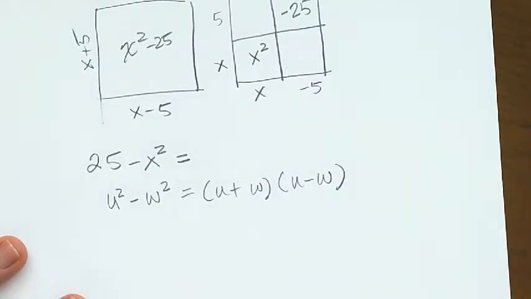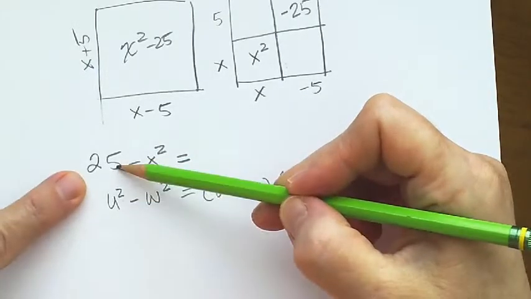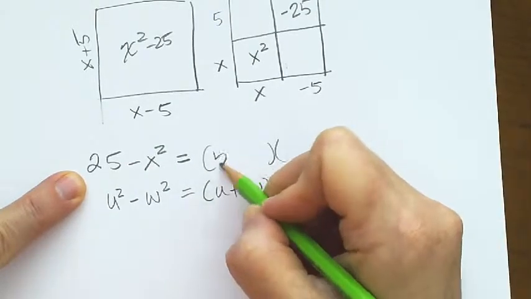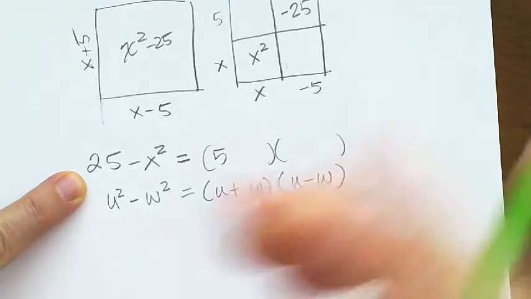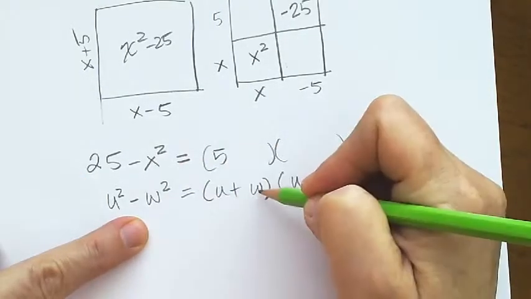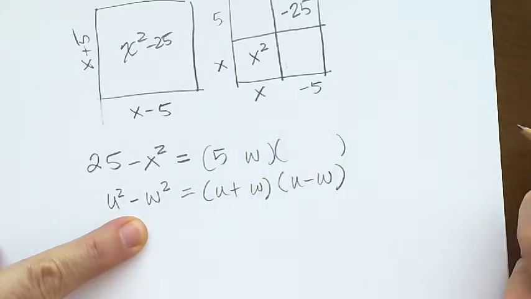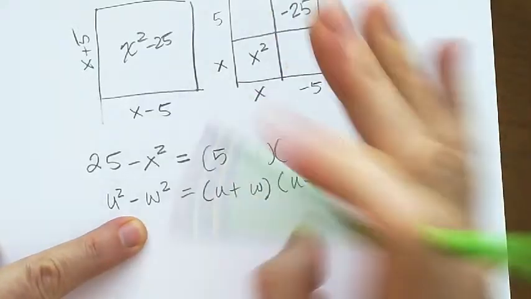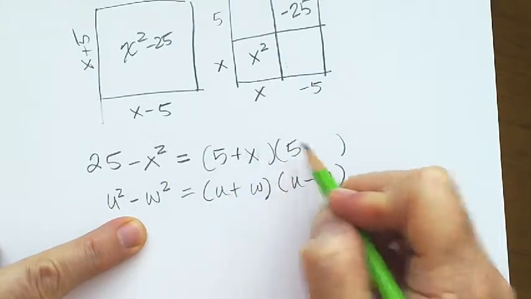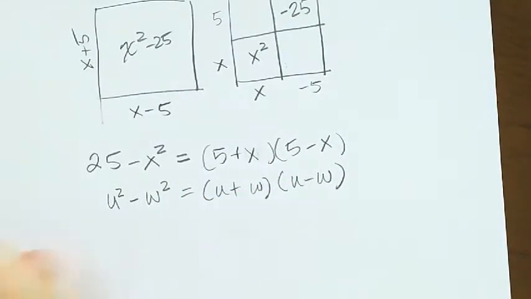When I was coaching a lot of you in class, I would just say if u squared is 25, what's u? And most of you would choose 5 correctly. If w squared is x squared, what's w? Well, that's got to be x. So then this would factor into 5 plus x, 5 minus x.